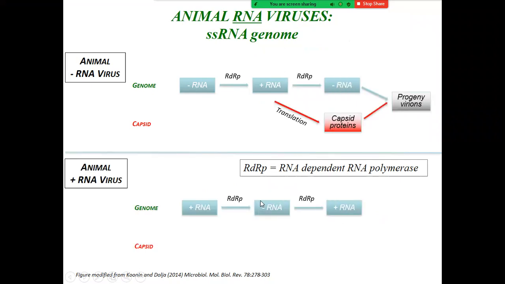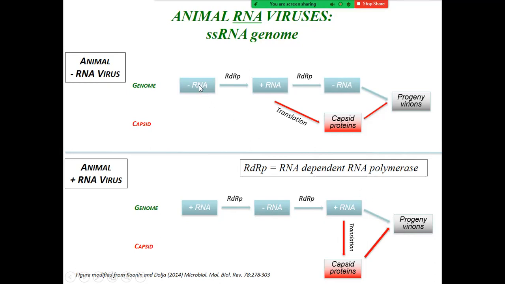Talking about the positive strand, we make the negative strand. To make more of the positive strand, we use the negative strand as a template. And then the positive strand can be used as messenger RNA to make proteins. And then the proteins get together with the positive strand RNA to make the new virions.